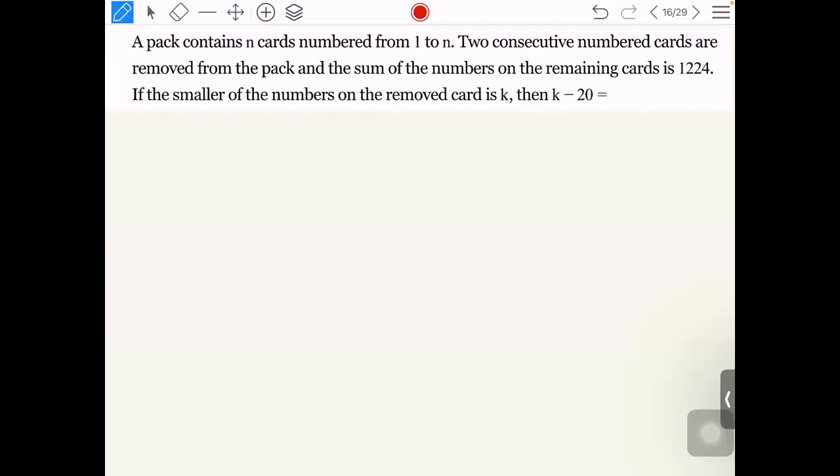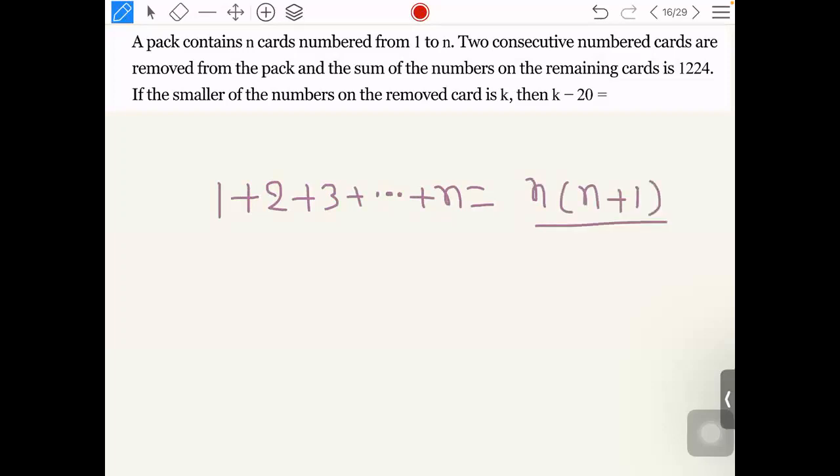Only thing you need in this question is 1 plus 2 plus 3 up to n, sum up to the n terms, that is n into n plus 1 by 2. You all know 1 plus 2 plus 3 up to n is equal to n into n plus 1 by 2. And then slight trial and error.